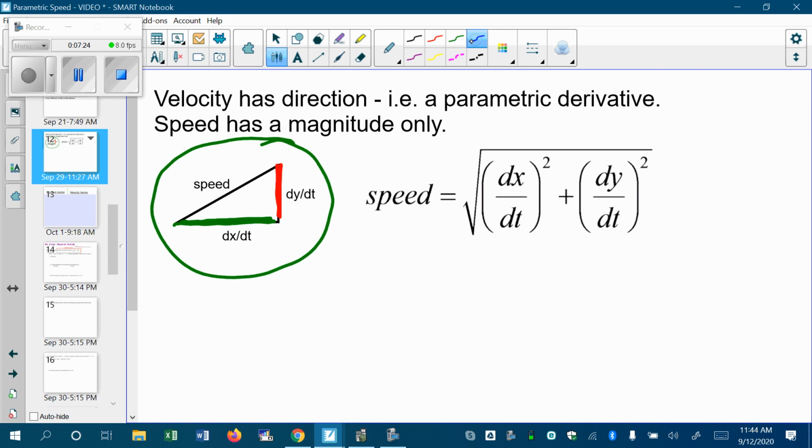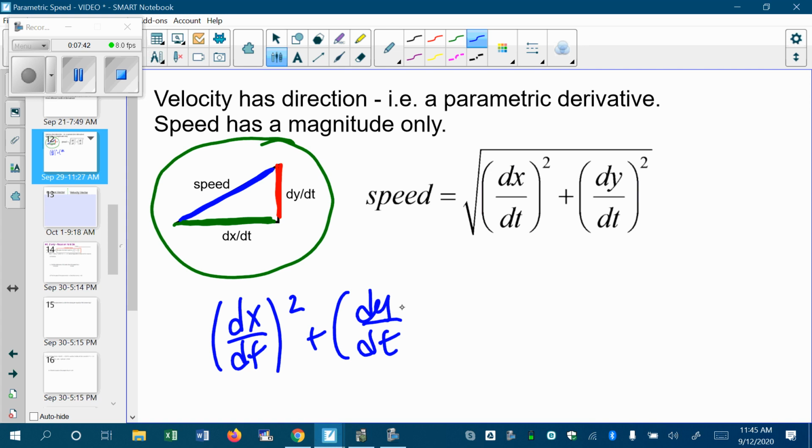Then speed, since it is just an amount, not a direction, is the rate of change along that side of my little right triangle. And because you know the Pythagorean theorem, you could say that (dx/dt) squared plus (dy/dt) squared would be speed squared. This is a little bit loose and free with the idea of length versus quantity, but close enough.